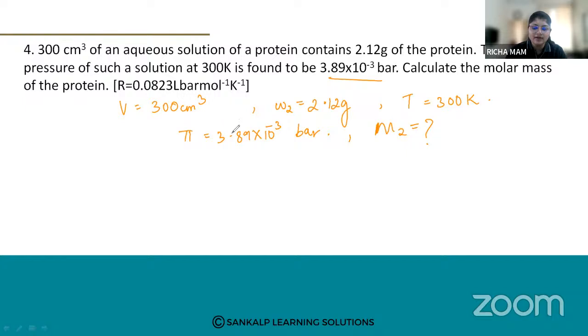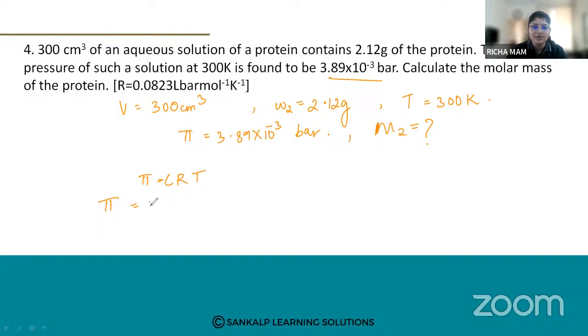Then the molar mass can be calculated as follows. You know that osmotic pressure is denoted by pi, so pi is equal to CRT.